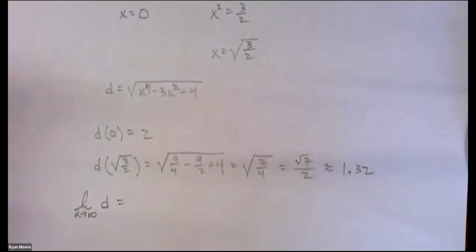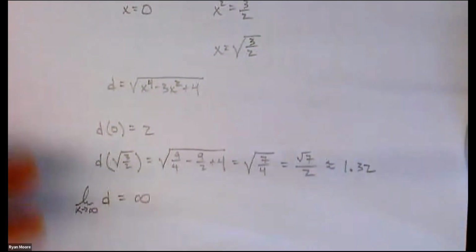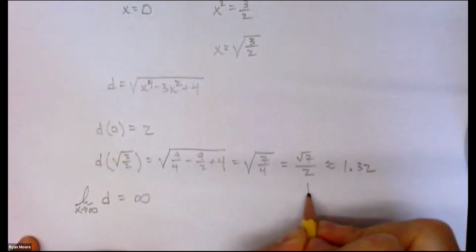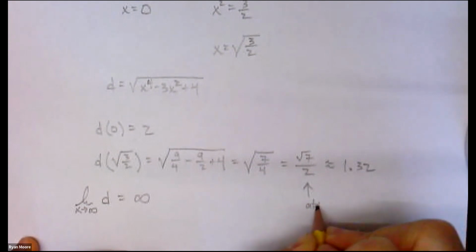The square root of infinity is infinity. So we'd end up with an infinite distance. Makes sense, right? If the x coordinate of our point is infinity, it's infinitely far away from our point at 0, 2. So the idea is to minimize. We got it right there. There's our absolute min.